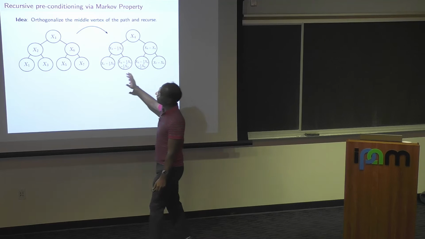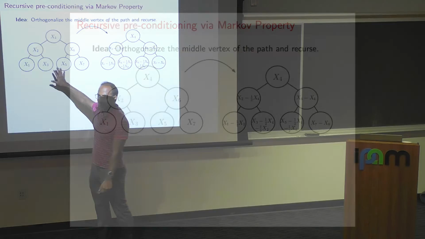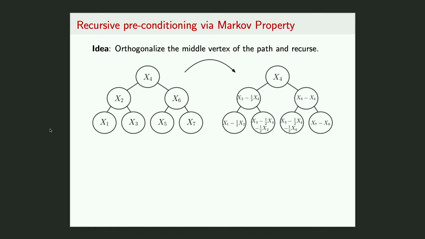So let's say I write down everything in a binary tree: x1, x2, x3, x4, x5, x6, x7. The middle point is x4. If I condition on x4, everything before is independent of everything after. So what does conditioning mean? It's like a basis change in the context of Gaussians.